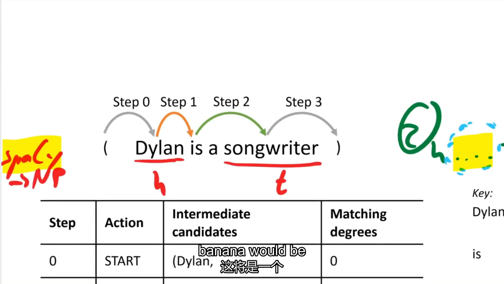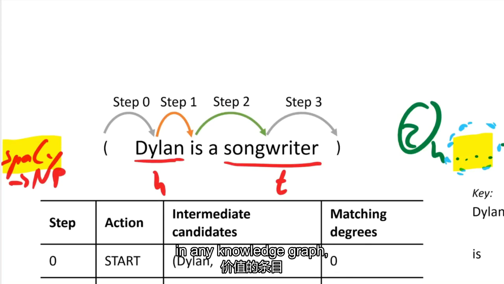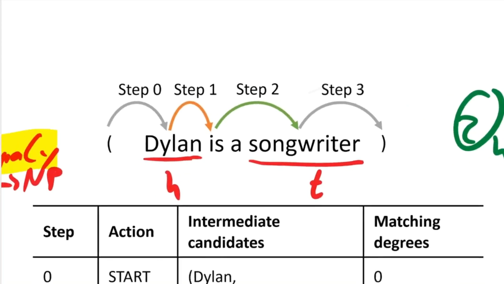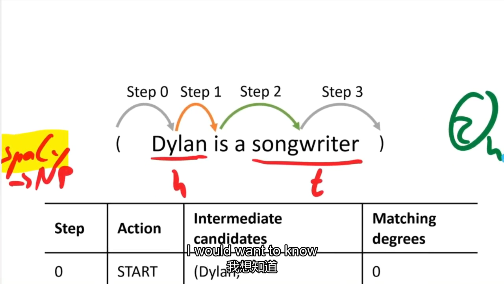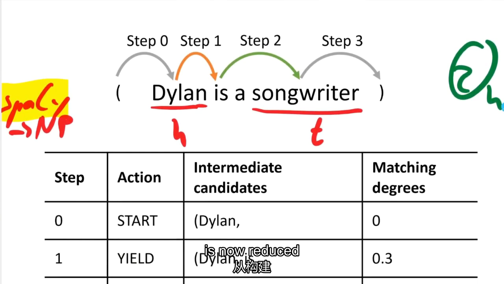I ate banana would be a triple, not necessarily a really valuable entry in any knowledge graph, though banana has a lot of carbs, so I would want to know about that.